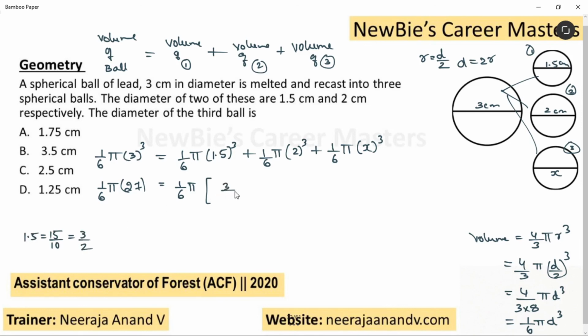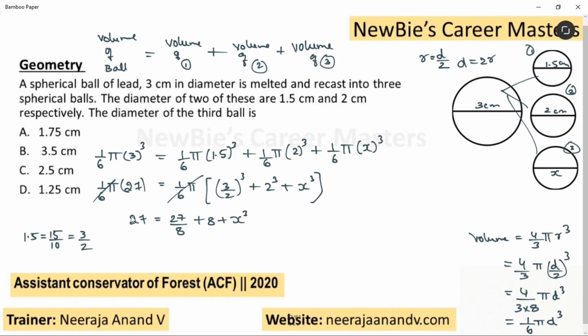See, 3 by 2 whole cube plus 2 cube plus x cube. Am I clear? Now, we can cancel this 1 by 6 pi and 1 by 6 pi. What are we left with? 27 is equal to 27 divided by 8 plus 8 plus x cube. What is this x? It's the diameter of this third ball. Now, you have to solve for this x. Hope this is clear. Let's reduce this.